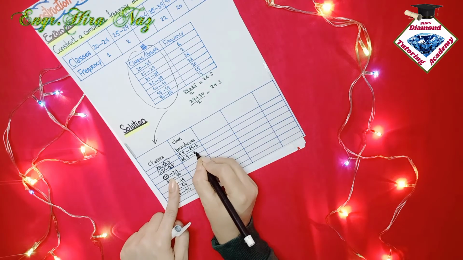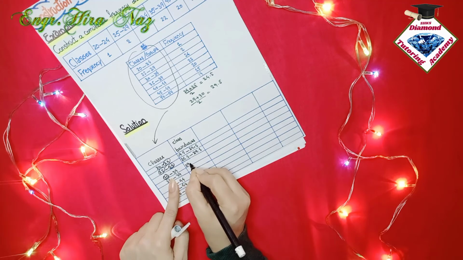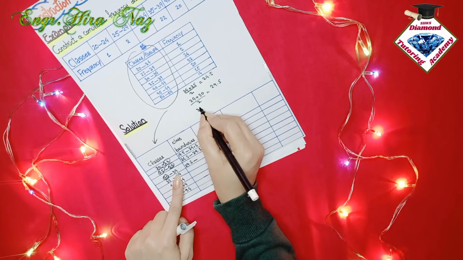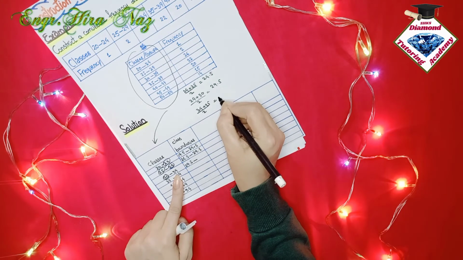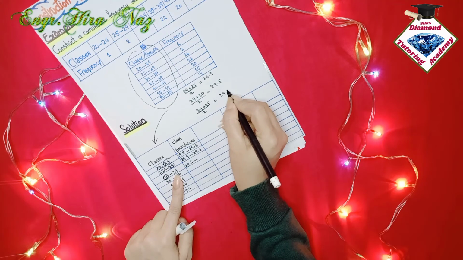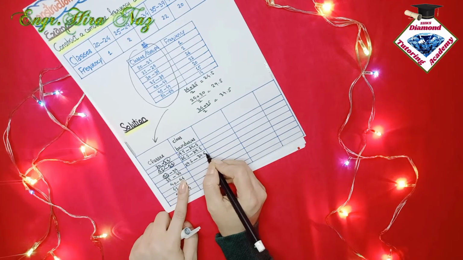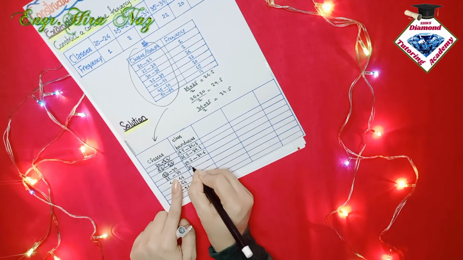So 29.5 is upper limit of class 2 and the lower limit of class 3. And for next we have to add 34 plus 35 divided by 2 will get 34.5. So 34.5 is upper class boundary of class 3 and the lower class boundary for class 4.